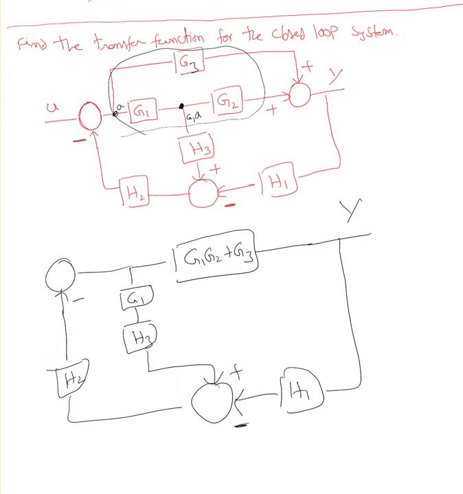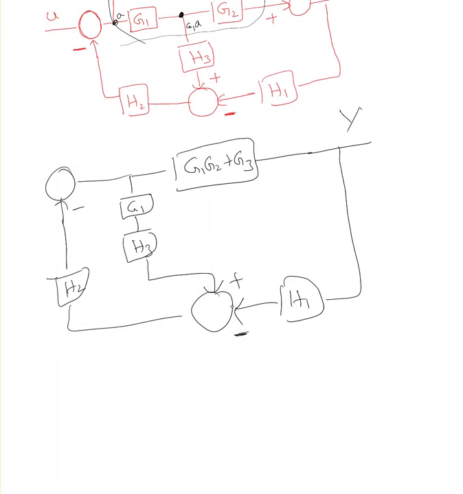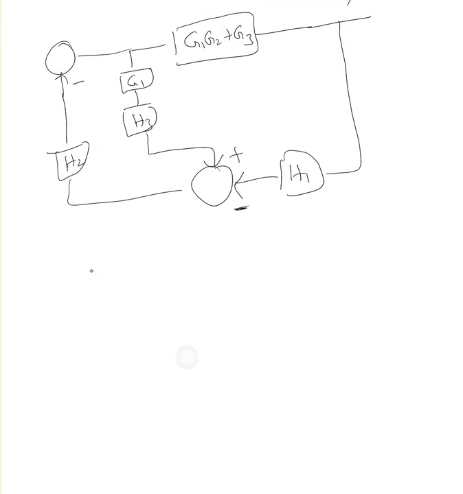Okay, now to eliminate the summing point, what can I do? I can move this H2 to before the summing point. Once I move it to before the summing point, minus minus, this one becomes positive and this one becomes negative. So once I move it to before the summing point, basically I will eliminate this. I will have H2 there and H2 there. Okay, so now this minus minus becomes positive here.